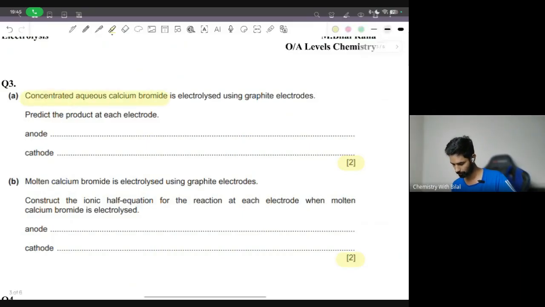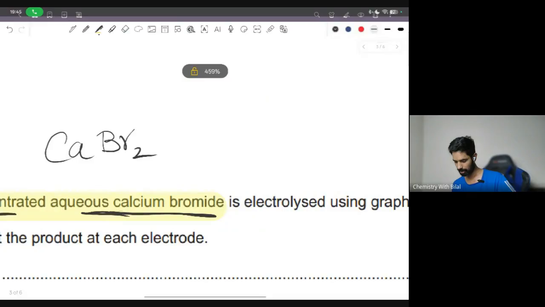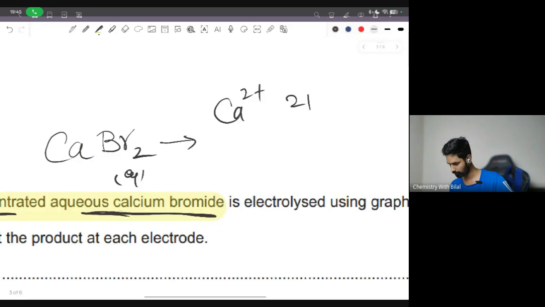Okay, concentrated aqueous calcium bromide. So we have concentrated calcium bromide. So calcium bromide is CaBr2, right? CaBr2. Concentrated का मतलब है तो पानी ही ना. So what ions do we have? We have calcium ions, we have bromide ions, and since it is aqueous, so we have hydrogen ions and hydroxide ions. तो concentrated है तो एनोड पे who will win the race?